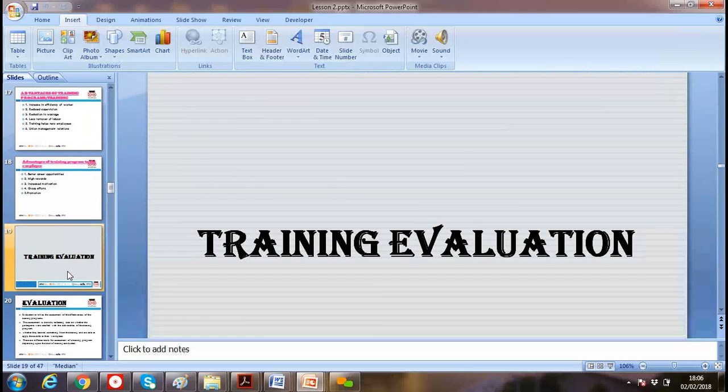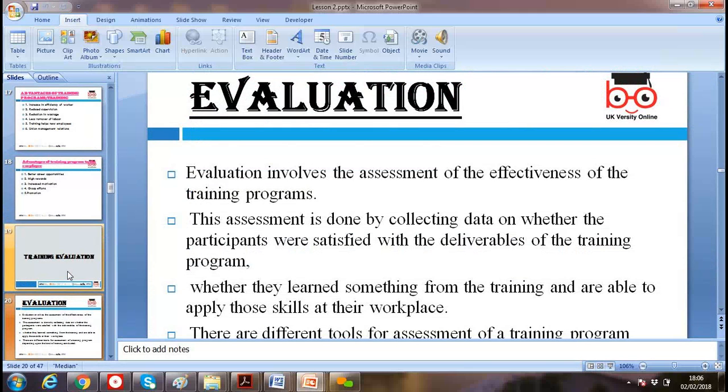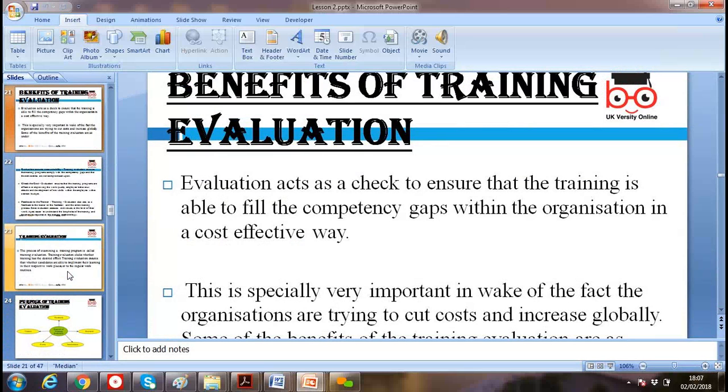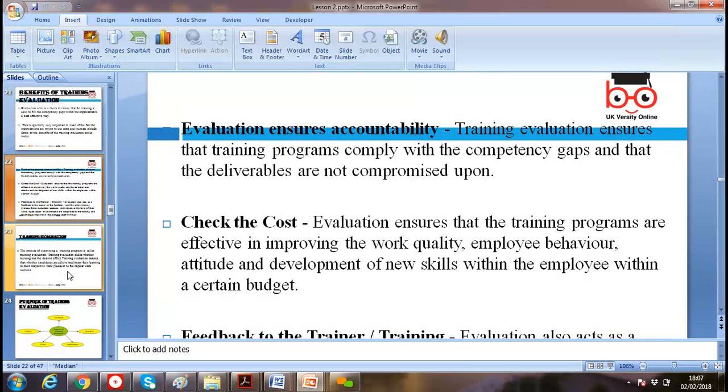We can evaluate training by an evaluation process. Yes, we'll do assessment afterwards, and we can look at the benefit of training. We already discussed checking the cost of the training, cost and benefit. For every pound we spend on the training, what is happening with that pound? If we are spending 10 million pounds, what does 10 million pounds bring?